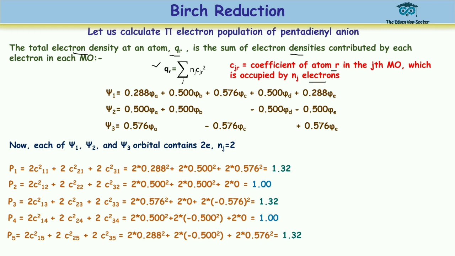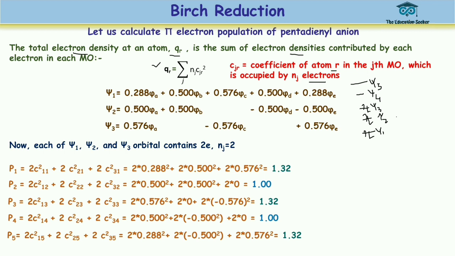So for pentadienyl anion, we have 5 molecular orbitals, Psi1, Psi2, Psi3, Psi4 and Psi5. Now each of Psi1, Psi2 and Psi3 contains 2 electrons.